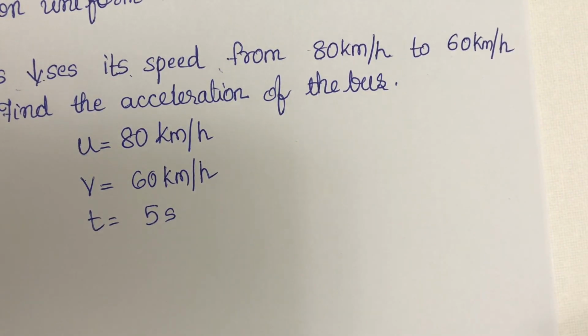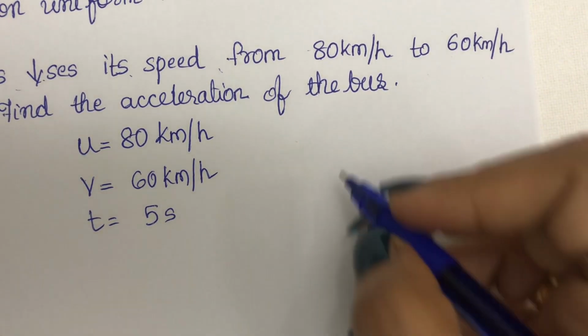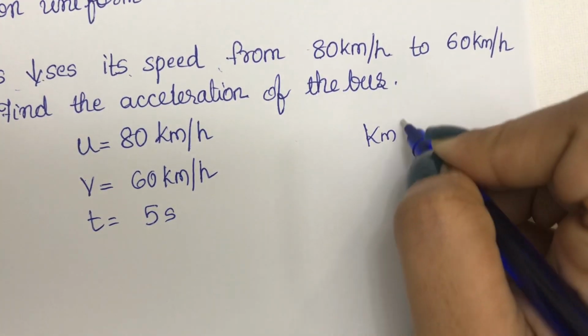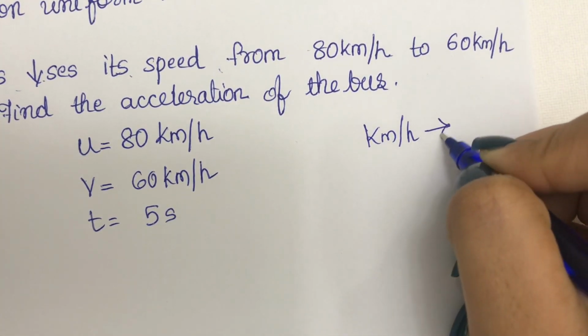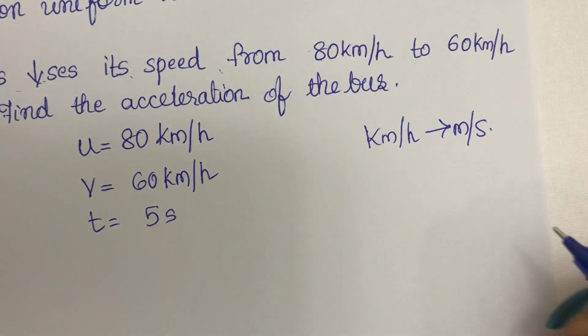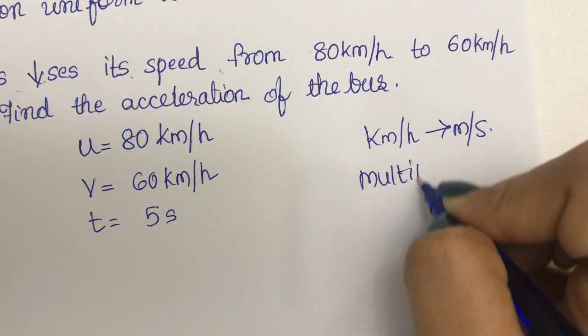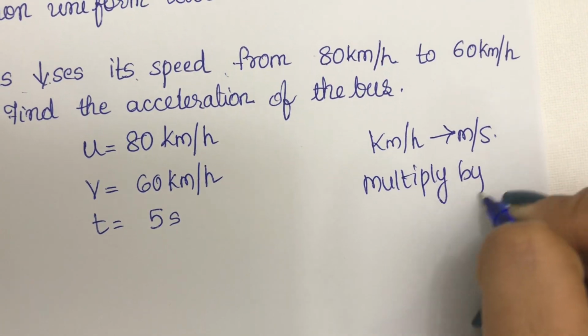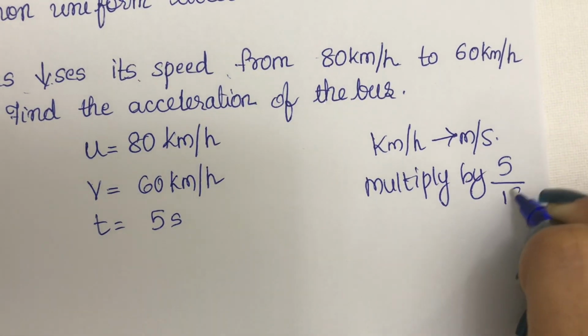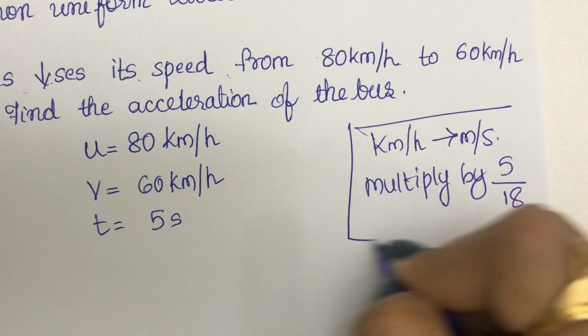There is a formula for converting kilometer per hour to meter per second. How will we do? We have to multiply by 5 by 18. So remember this.